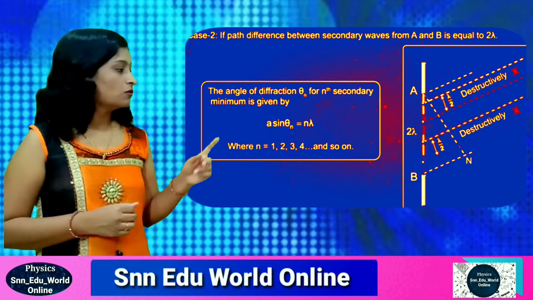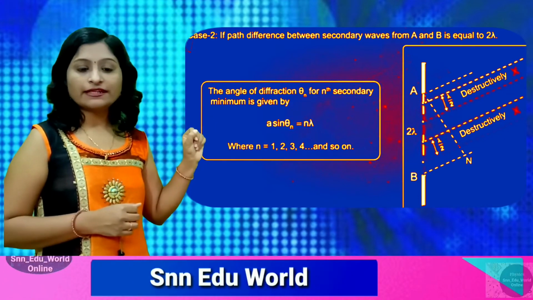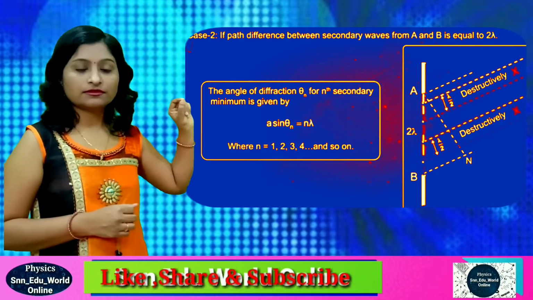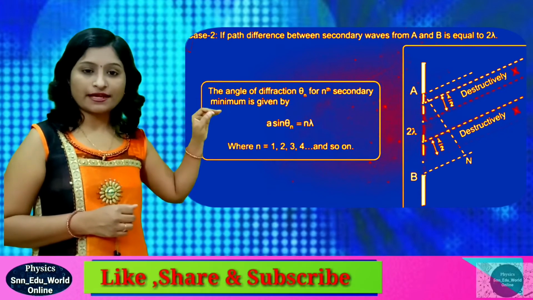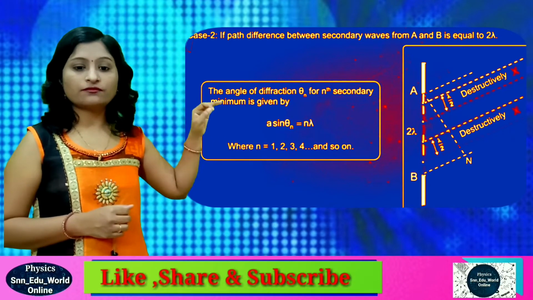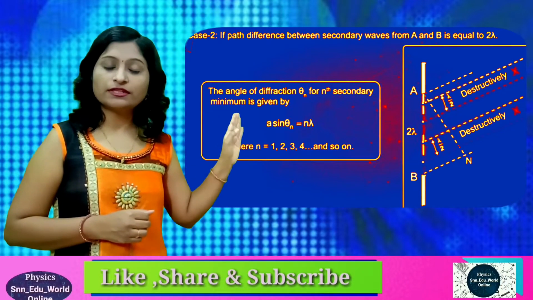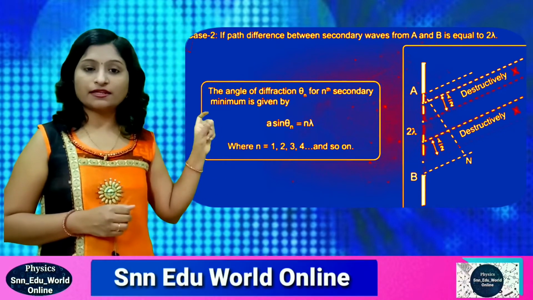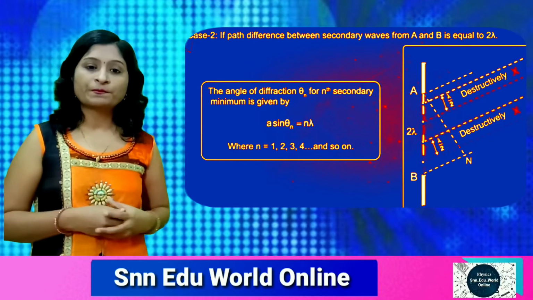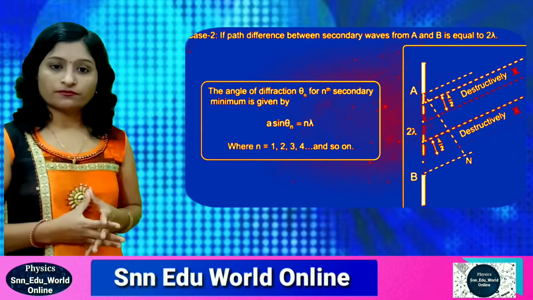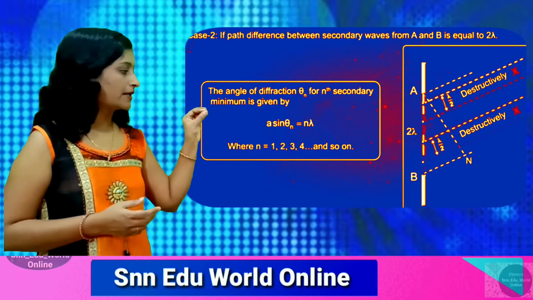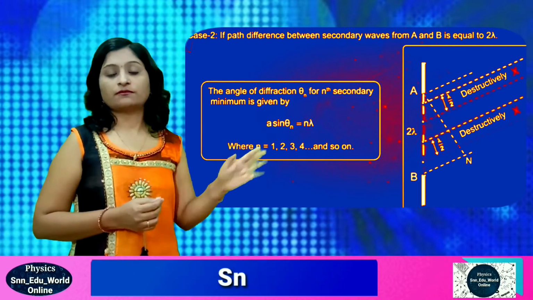Okay, so from that, observe the diagram, we are getting destructive interference, or they interfere destructively with each other, and there is the diffraction pattern due to destruction of the wavefront. Okay, so here we are getting the dark fringes.